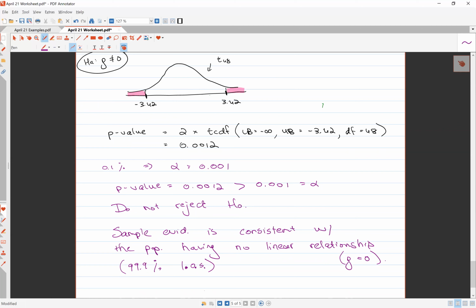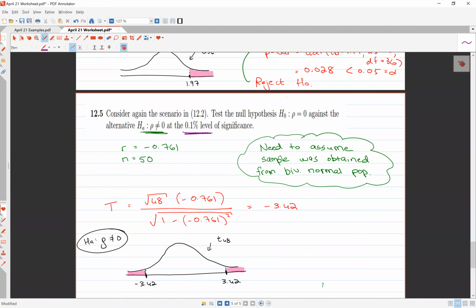So are there any more questions about these example problems? So I have a question about the use of the t-distribution. If your null hypothesis is testing whether the correlation is 0, and you have a bivariate normal distribution, you will use a t-distribution to evaluate that.